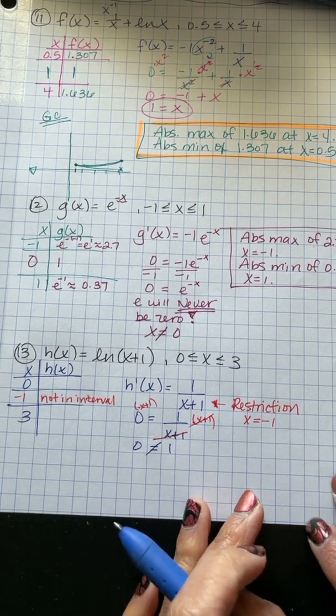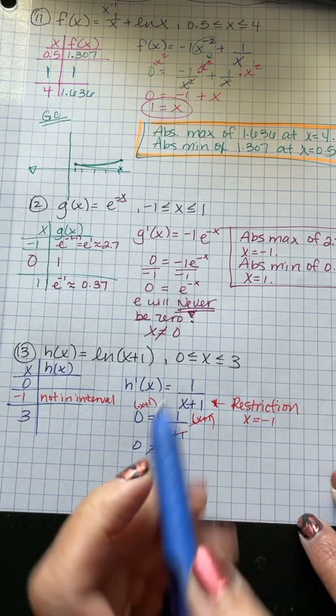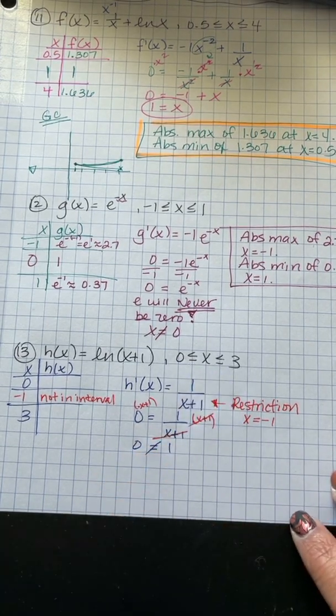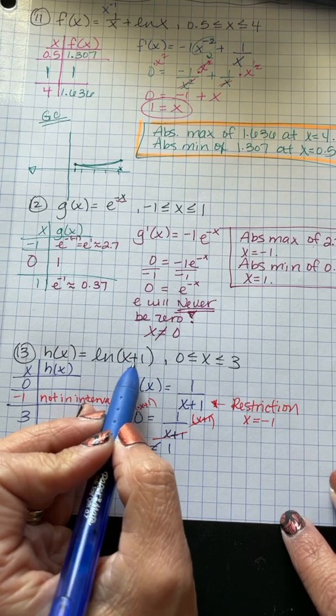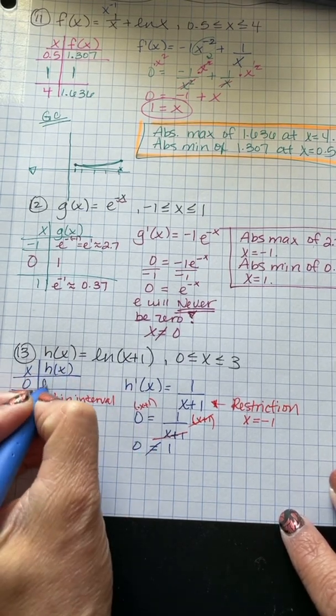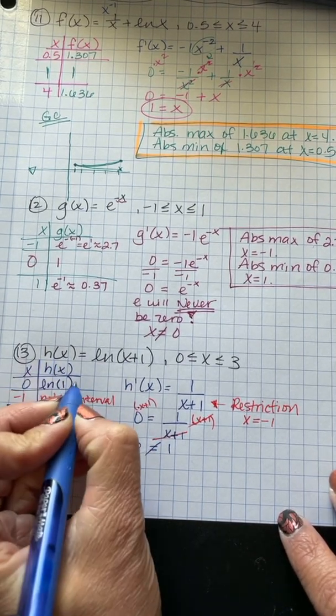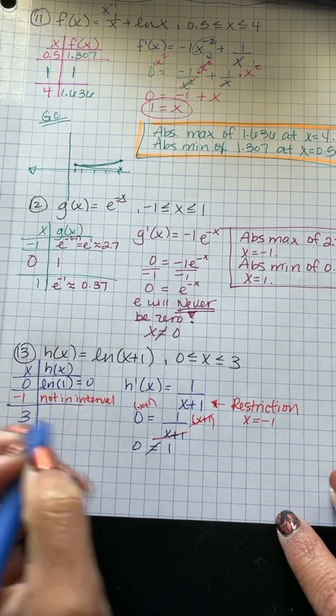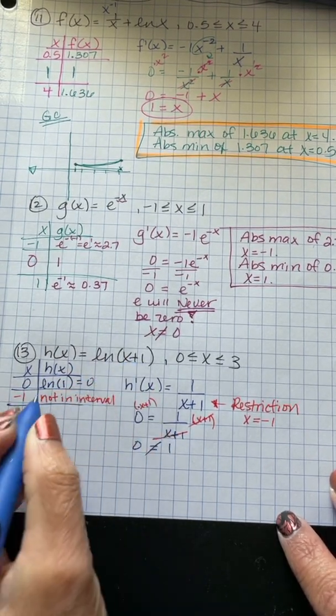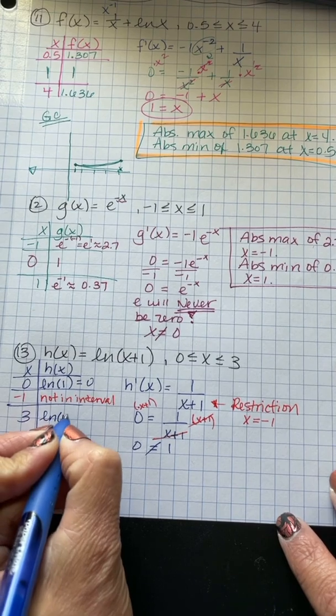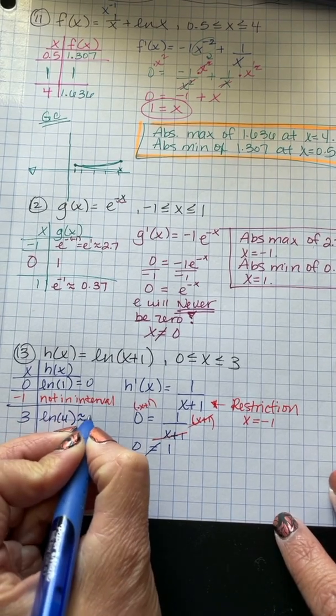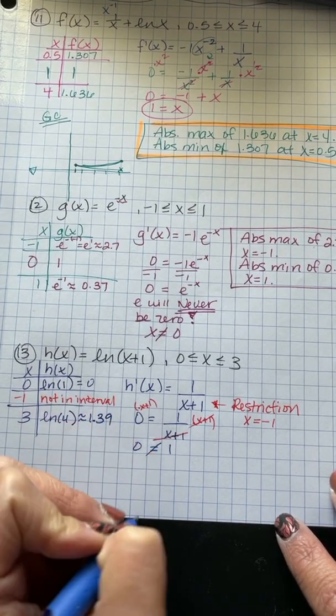So we're just going to have an absolute max and an absolute min, because we have a closed interval. If I plug in a 0, natural log of 0 plus 1 is the natural log of 1, but the natural log of 1 is 0. If I plug in a 3, 3 plus 1 is 4, so I'll have the natural log of 4, which is approximately 1.39.